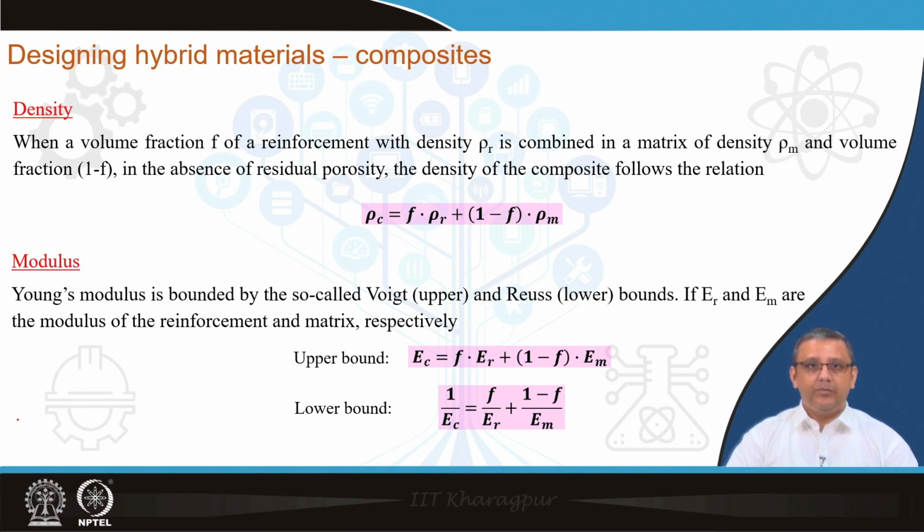Now, if we assume that the reinforcement has a volume fraction of F, and that there is no porosity in the composite, then the matrix has a volume fraction of 1 minus F. If the densities of the reinforcement and the matrix are rho r and rho m respectively, then the density of the composite is given exactly by this equation: F, the volume fraction of the reinforcement, multiplied by the reinforcement density, plus the volume fraction of the matrix multiplied by the matrix density.